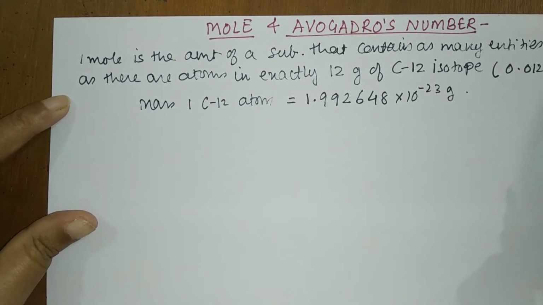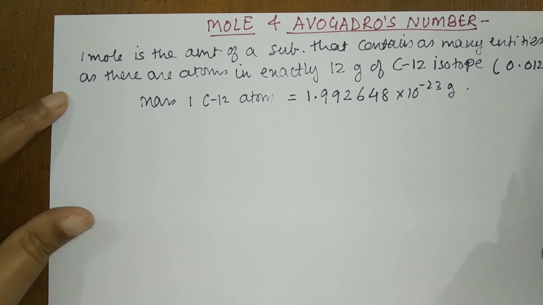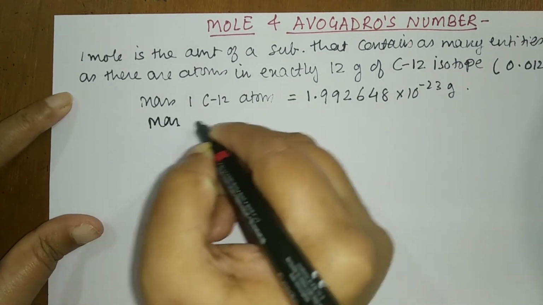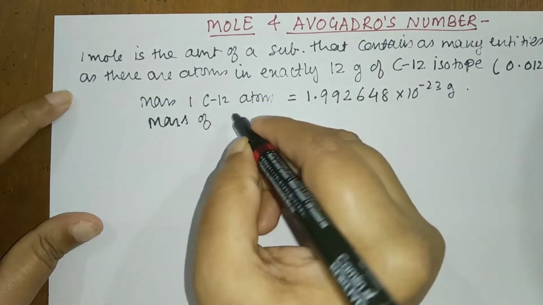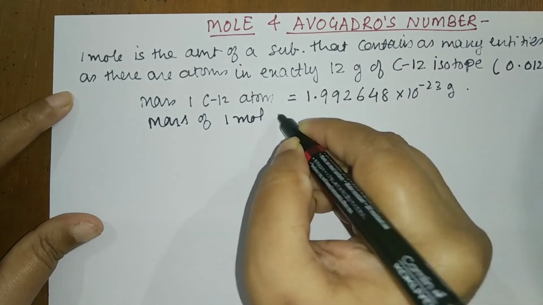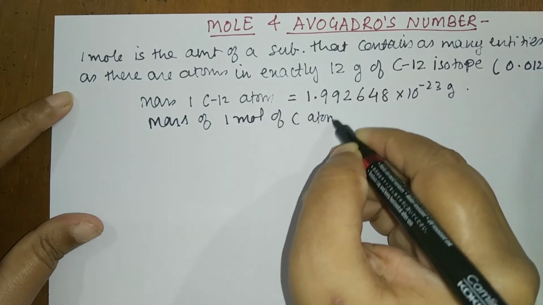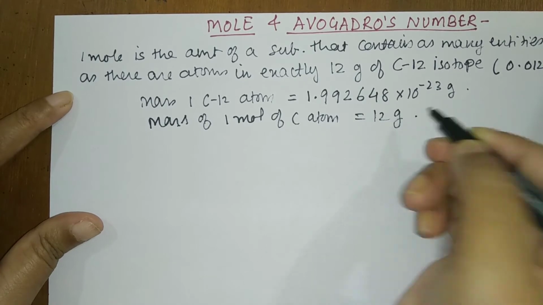So mass of 1 mole of carbon atom is how much, student? It is 12 gram.